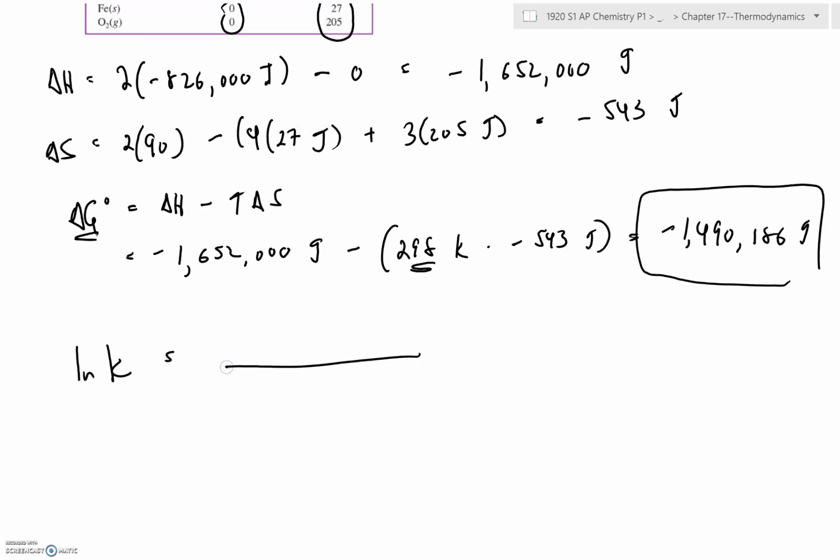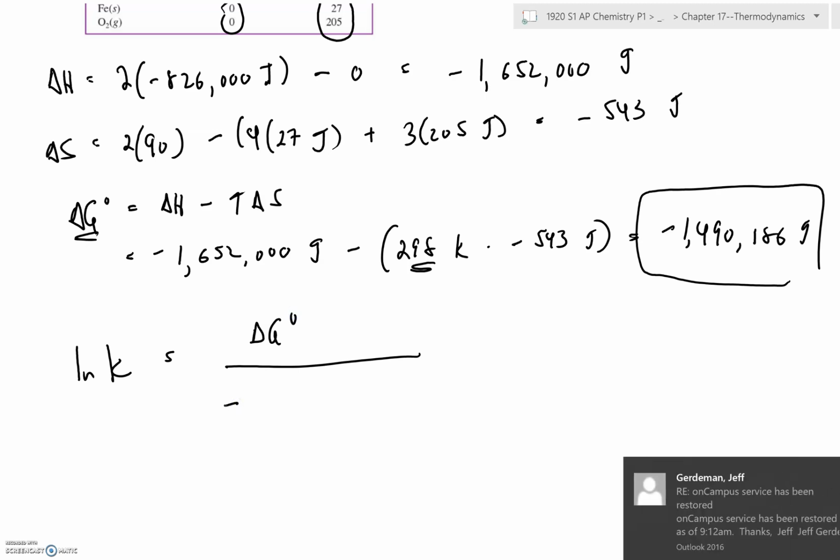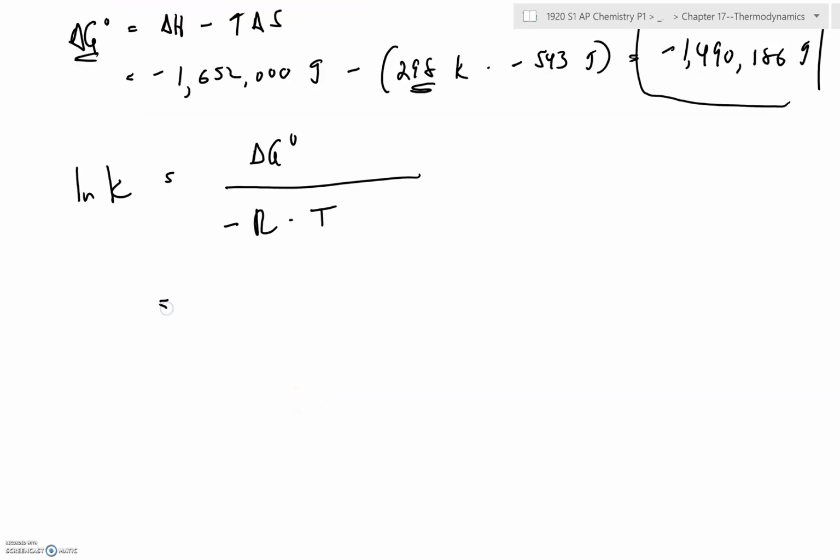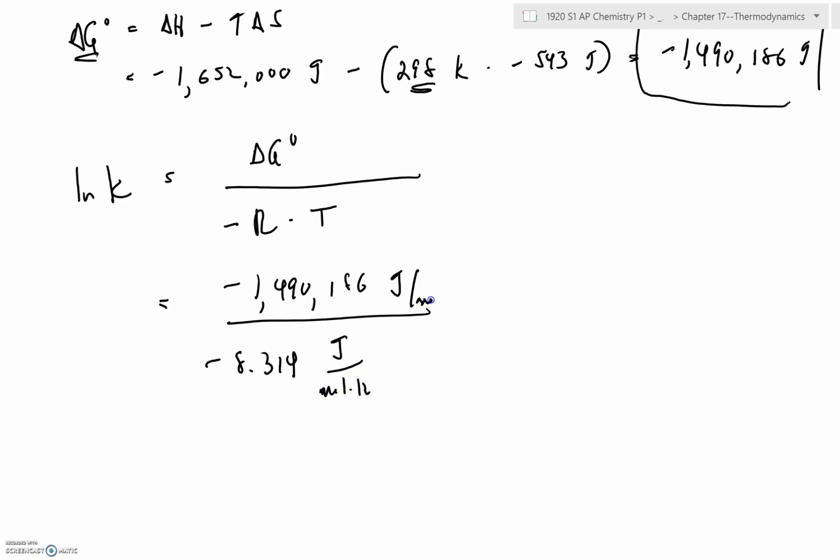And so here is our equation. We know delta G under standard conditions, which we just found, divided by the value for R times T. And we're already under non-standard conditions because we're at 298 kelvins. So you just calculated the delta G, negative 1,490,186 joules. The value for R, 8.314 joules over moles Kelvin, and let's put that moles in there just because.